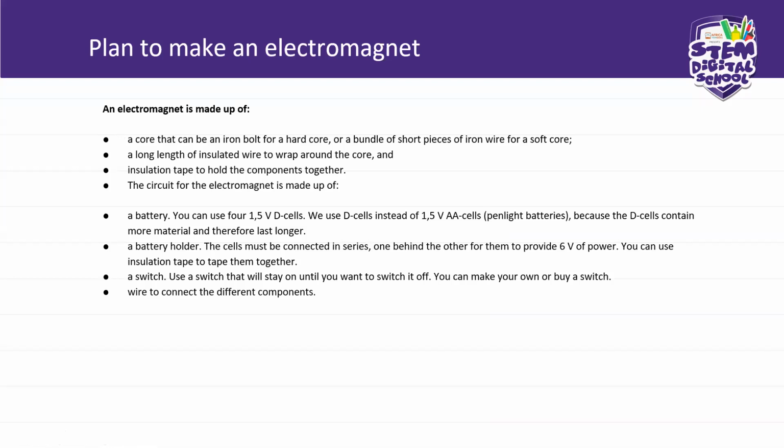And then after you have made the crane, it is complete, then you make an electromagnet. Okay, an electromagnet is made up of a core that can be an iron bolt for a hard core, or a bundle of short pieces of iron wire for a soft core, or a nail.